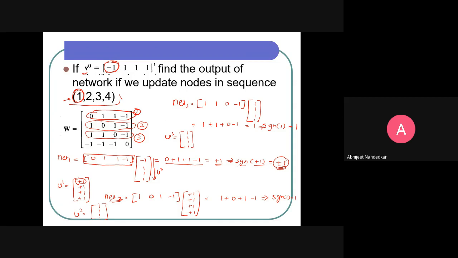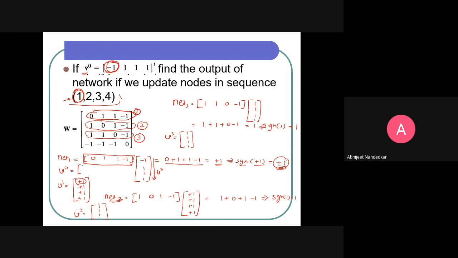Now initially the position number 1 was -1. Since I am allowing the first neuron to change its output, it has flipped from -1 to +1. So I have to change V0 now.